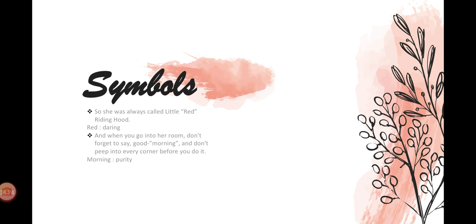Meanwhile, morning means purity. We can see from the sentence, and when you go into her room, don't forget to say good morning and don't peep into every corner before you do it.